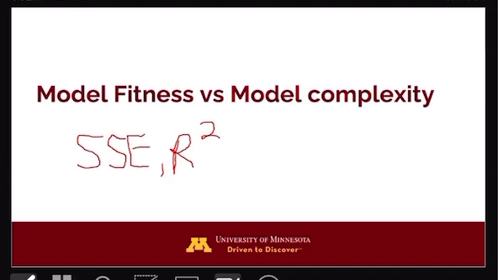If I have a linear regression with x1, and I add x2, the R squared here is going to be bigger than the one before.